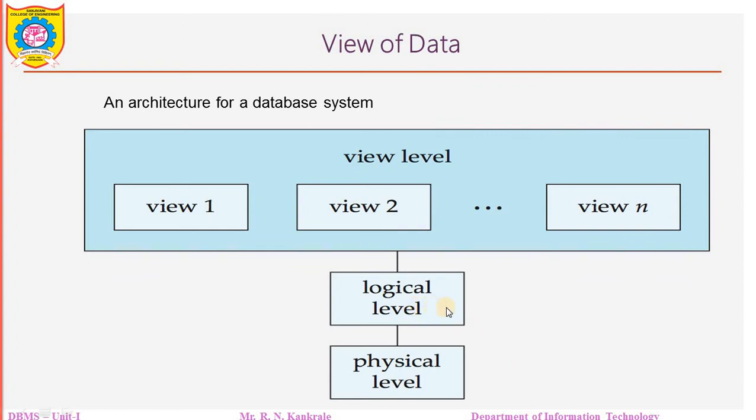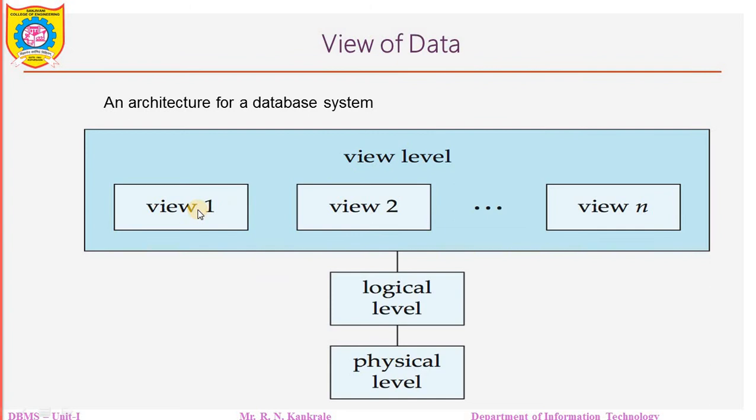The logical level involves the database administrator or programmer, who organizes the overall database: all the data types, the names of the columns, and how many tables there will be in a database schema. So the physical level hides details from the logical level, and the logical level hides details from the view level.